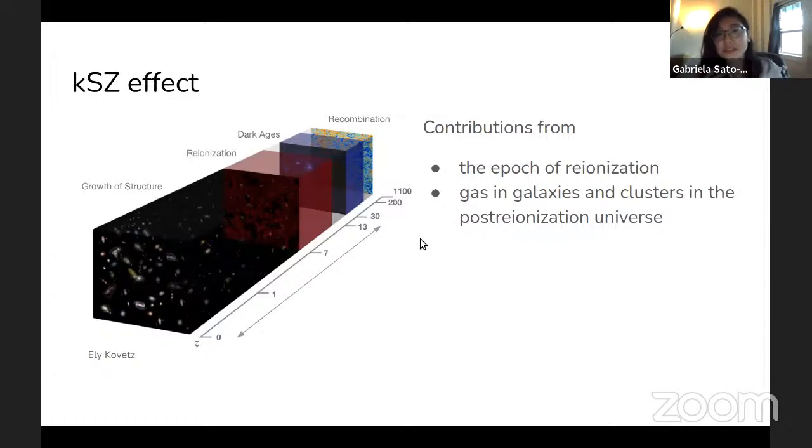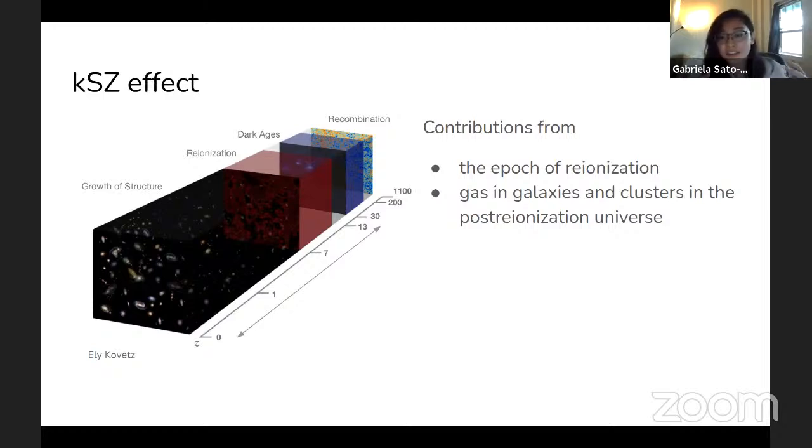So the kSZ effect will receive contributions from essentially everywhere that free electrons are available, and so mainly from the epoch of reionization and from ionized gas in galaxies and clusters in the post-reionization universe. And so at these very small scales where this effect becomes one of the dominant effects on the CMB, this is really tracing the large scale structure of the universe.